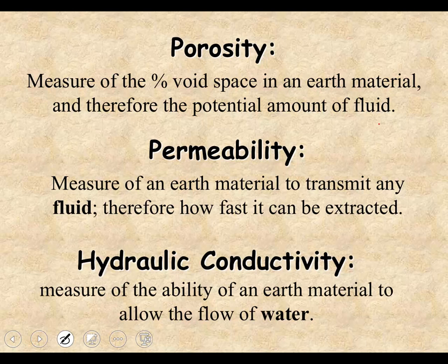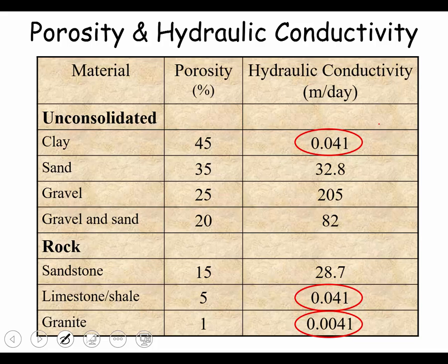And so it's much more variable. So you want a number that is intrinsic to the material, and then you can vary what kind of fluid you think is coming through. So we're going to ignore permeability, although I may refer to it periodically by mistake. And what you think of as permeability for groundwater is hydraulic conductivity.